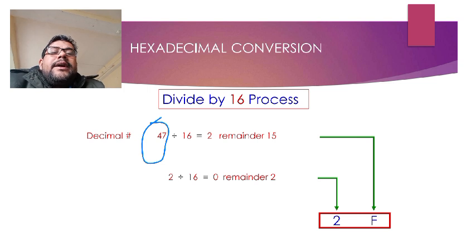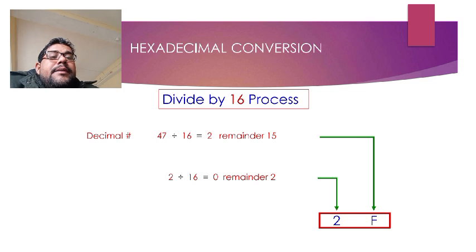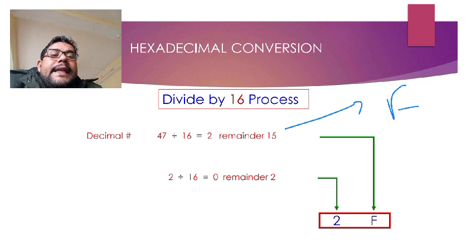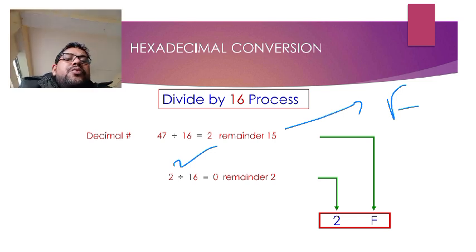So 16 multiplied by 2 is 32 and the remainder is 15. We know the value of 15 is F, as we have discussed before. Then again this 2 will be divided by 16. So it will go 0 times, but the remainder will be 2. We know in hexadecimal 2 is 2. So this is the process of how to write the number.